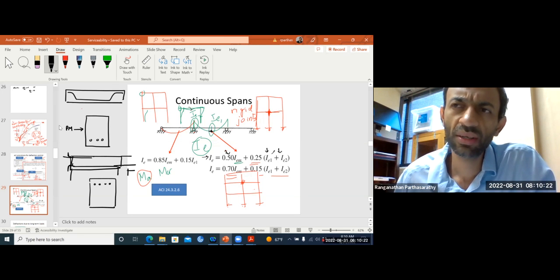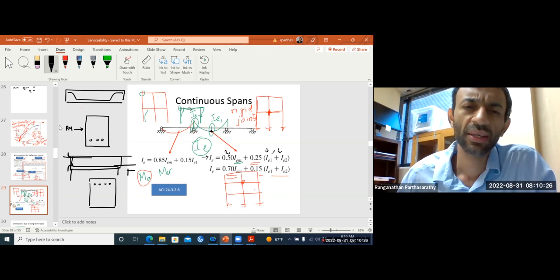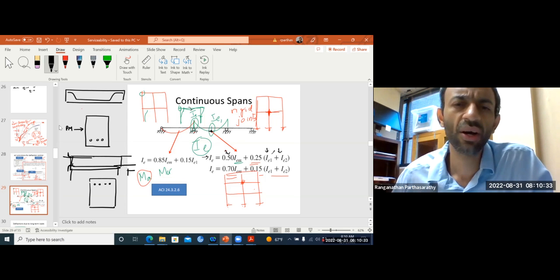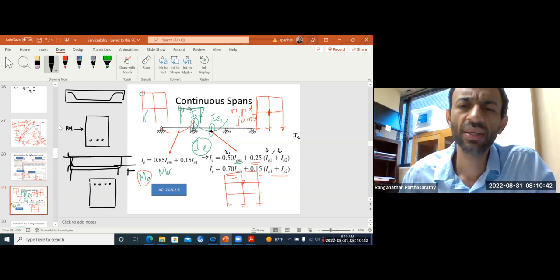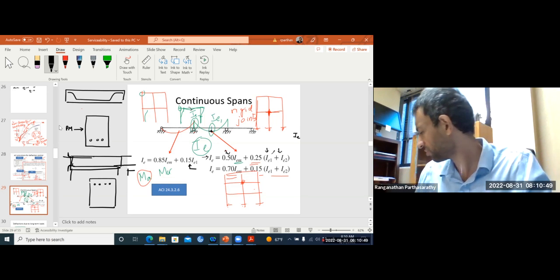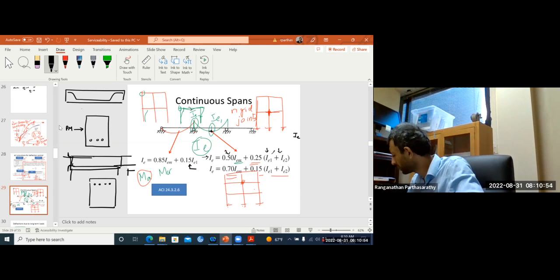Okay, we will come to that in a moment. But how do you calculate effective moment of inertia for your continuous beams? Usually there are three formulae provided or suggested. Let me show you briefly in your textbook.